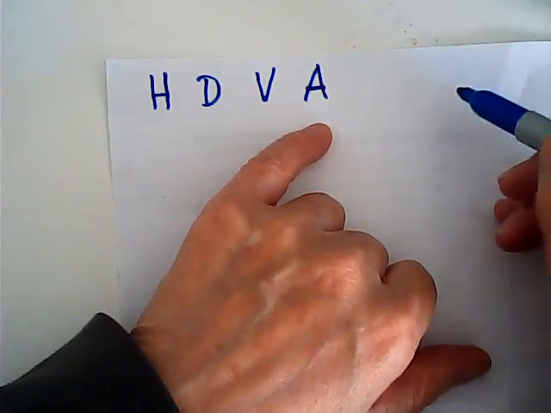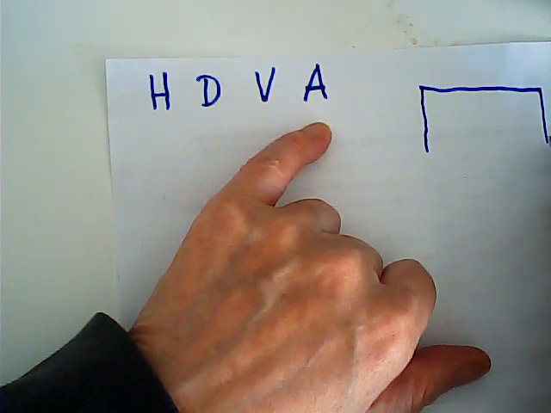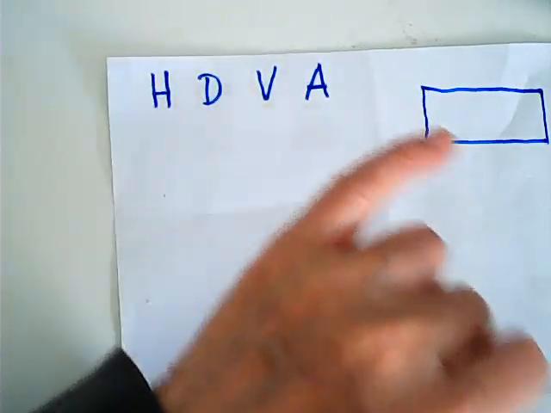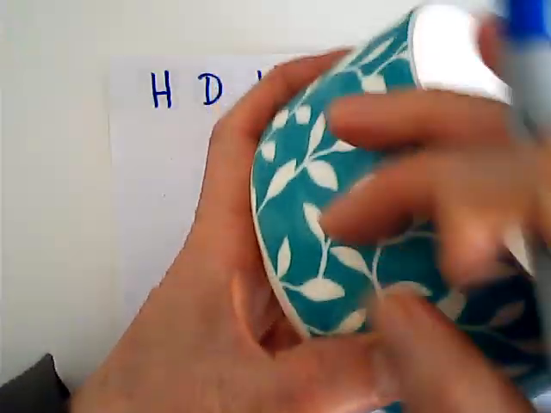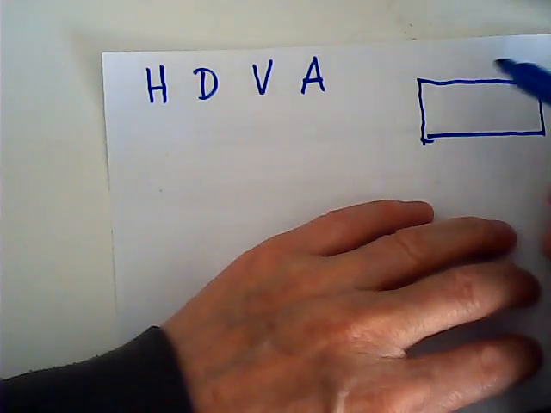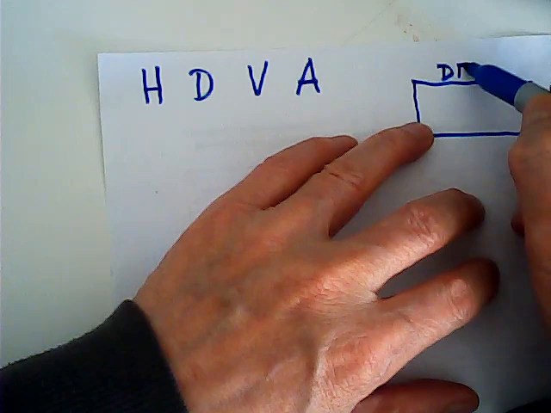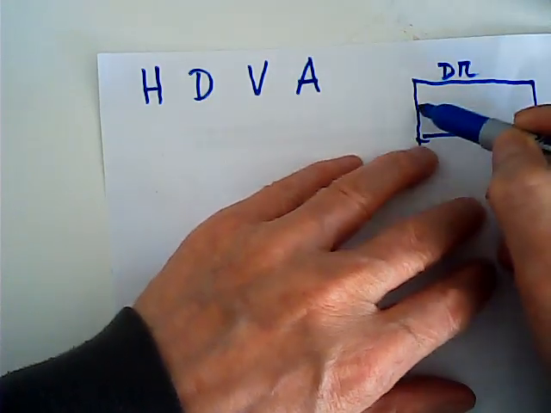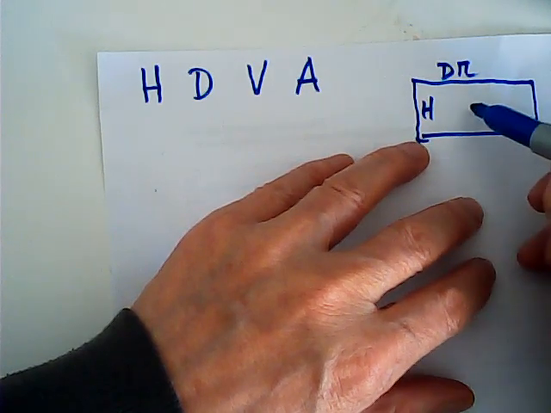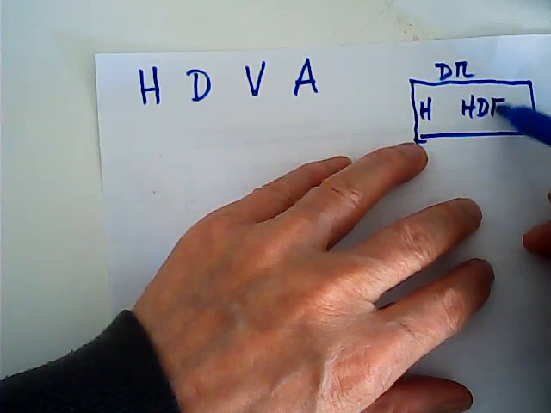Now, the cup's lateral side will be diameter times pi, right? This will be h. So the total amount of area is h d pi.